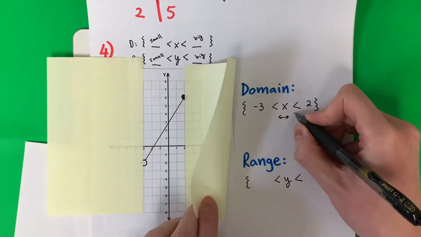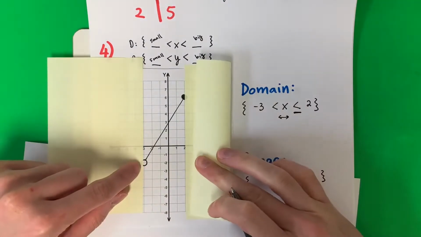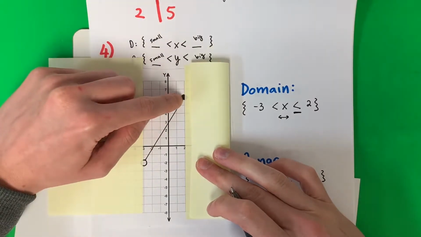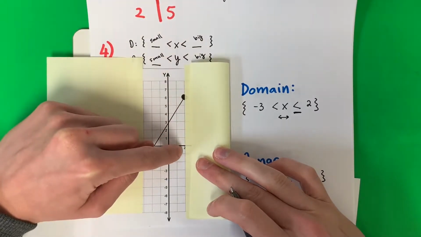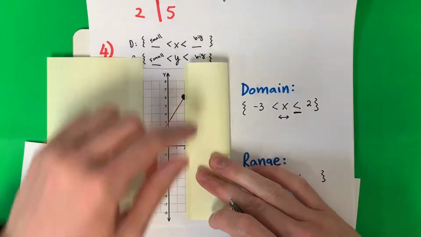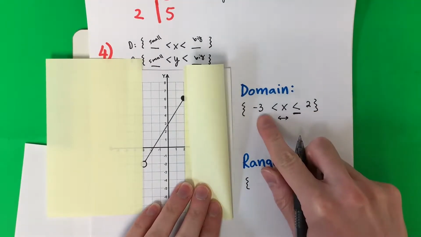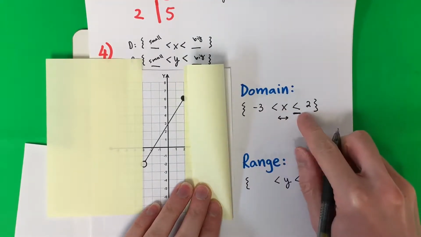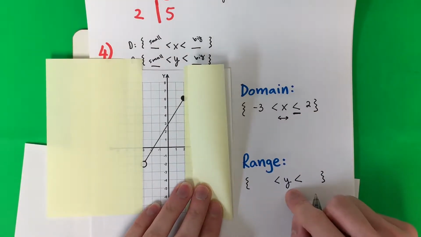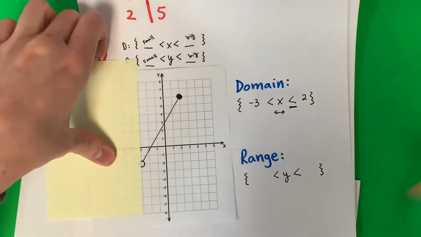So, yes, I will put a line down. This no color means not including -3. And this yes color means yes, including 2. So basically what this is saying is domain are all the numbers between -3 and 2, not including -3, but yes, including 2. Now for range. Y. Okay, so I'm going to go ahead and remove the stickies.